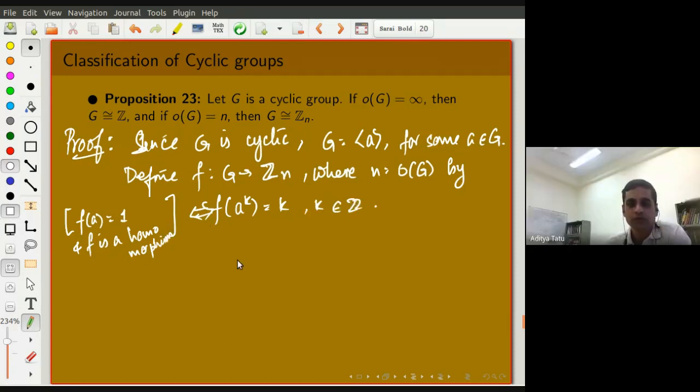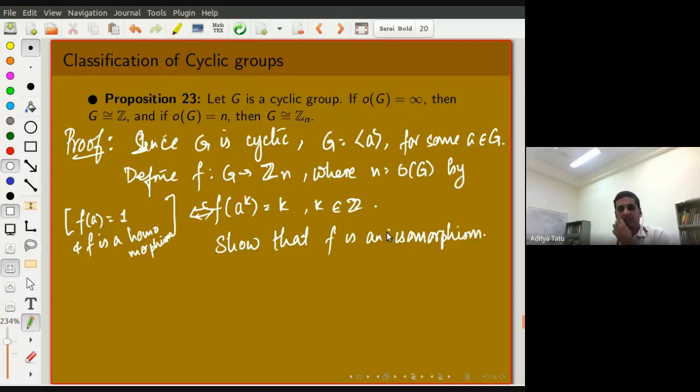And now you have to show that f is an isomorphism, right? You've defined a map between these two groups. Now you have to show that this particular f that you have come up with is an isomorphism. How will we do that?